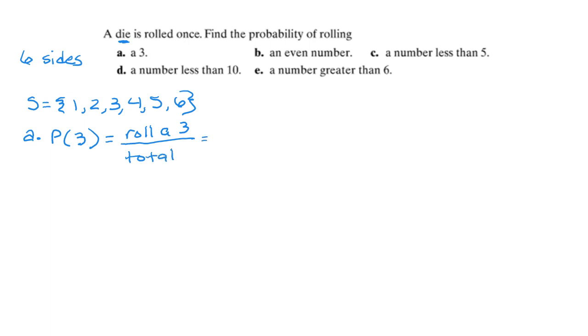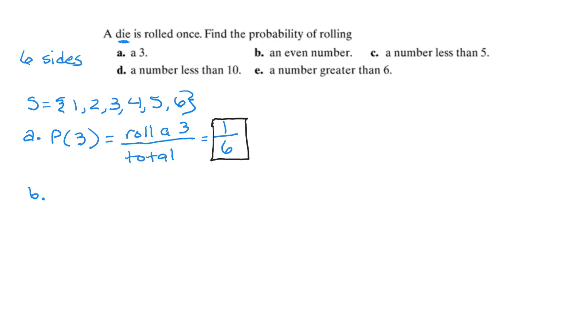So how many 3s do we have in our sample space? We have 1. And how many elements do we have in our sample space? We have 1, 2, 3, 4, 5, 6. We have 6. So the probability of rolling a 3 would be 1/6. And this meets our requirement of having a probability value that falls between 0 and 1, inclusive of 0 and 1.